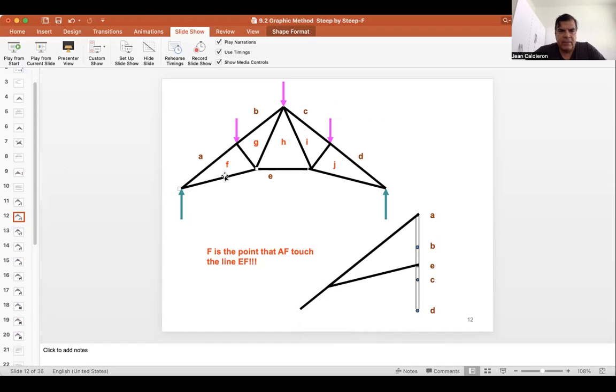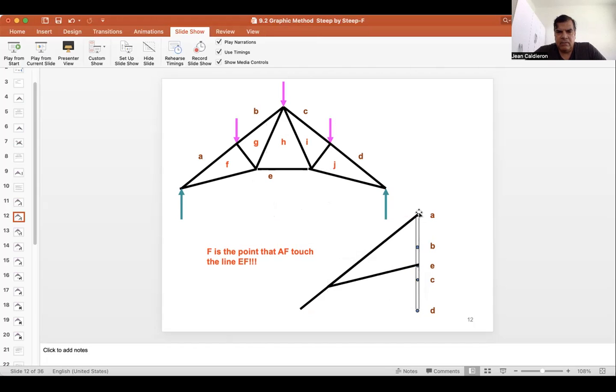After, I take the element EF and I move it to where E is. I will not move it to the other side. I will always move it to the left side and extend it. When I extend, I have already drawn the lines AF and FE.